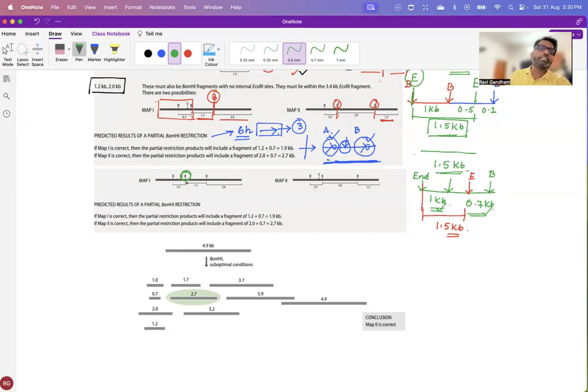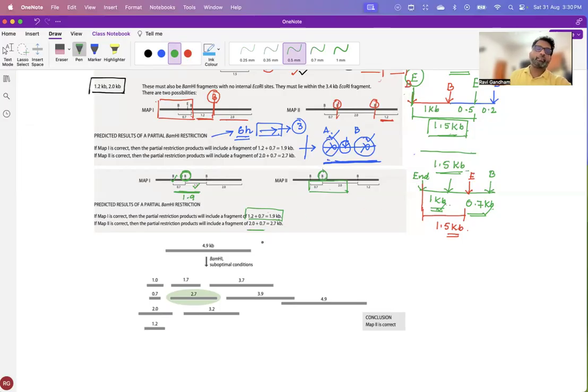Now, if this internal site is partially cut, what do you look at? You look at a fragment. Anyway, you get 0.7 and 1.2 if it's completely cut. If it's partially cut, you get a fragment of 1.9. And similarly, if this is partially cut, you get a fragment of 2 and 2.7, because we are only looking at the internal site.